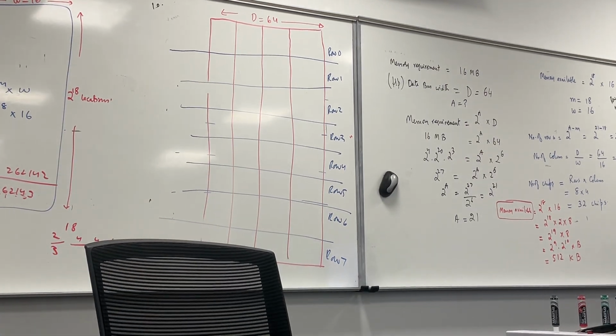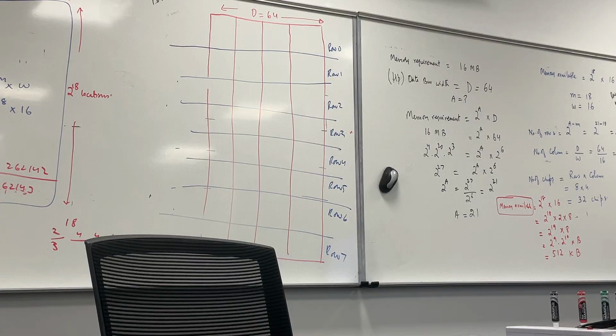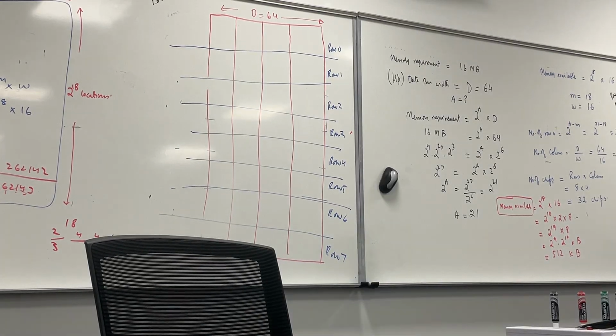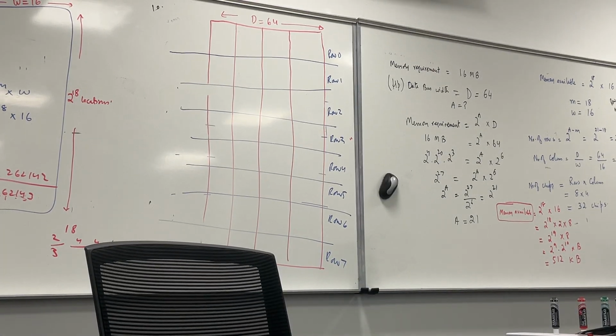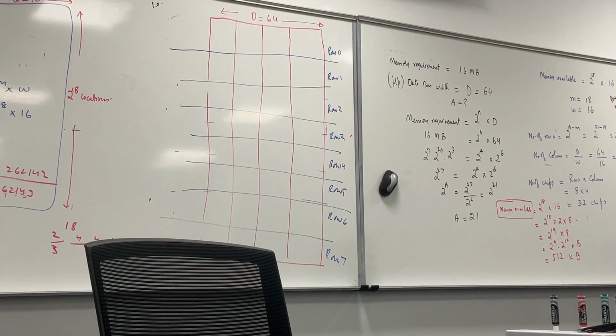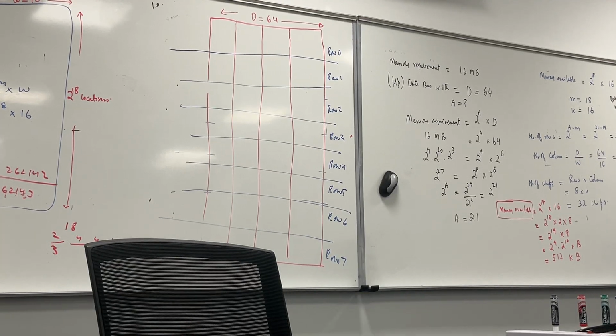So if you look at here, how many rows are there? 8 rows. How many columns? 4 columns. 8 multiplied by 4? 32. How many chips are there? 32 chips.